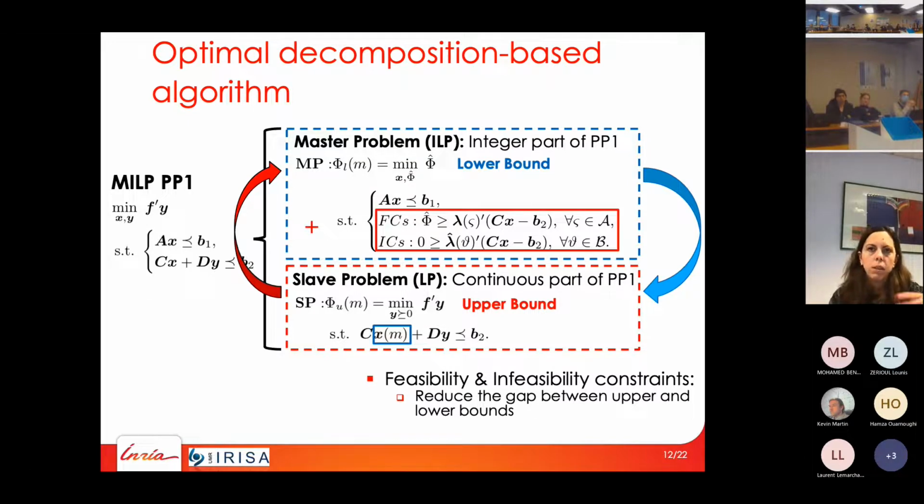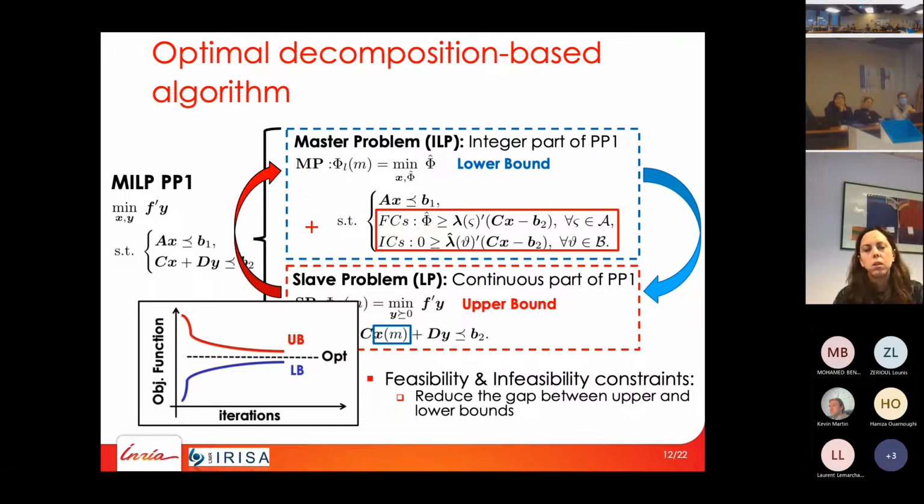Plus, depending on the solution of the slave problem, we are adding a new constraint for the next iteration that we will do. So this constraint can be a feasibility or an infeasibility one. And the goal of adding this constraint is actually to reduce the gap between upper and lower bounds at each iteration. So by iterating with this process, we see that the gap is reduced and finally we're converging towards the optimal.